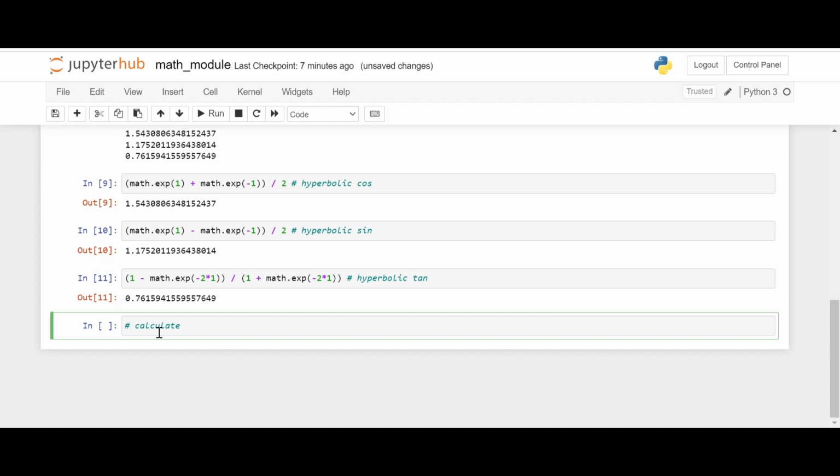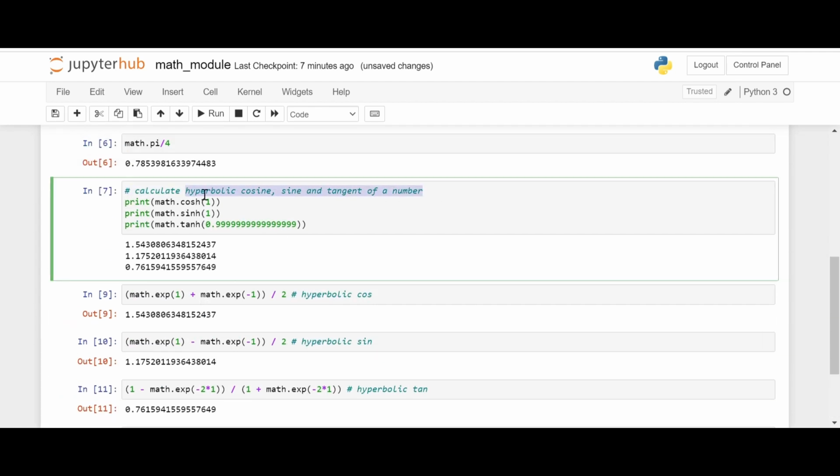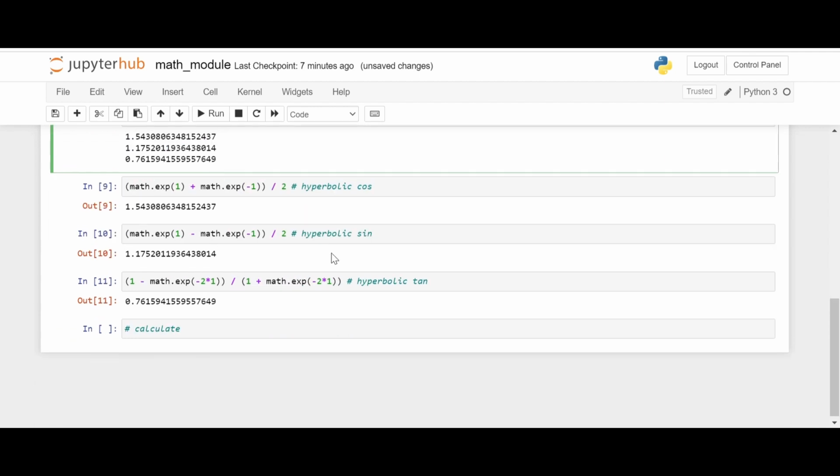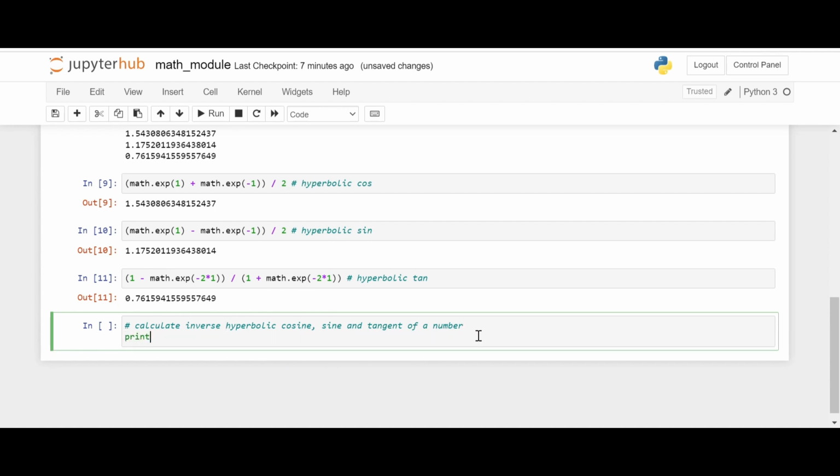We can also calculate inverse hyperbolic. So print math dot acosh for inverse. So we have to provide this one.